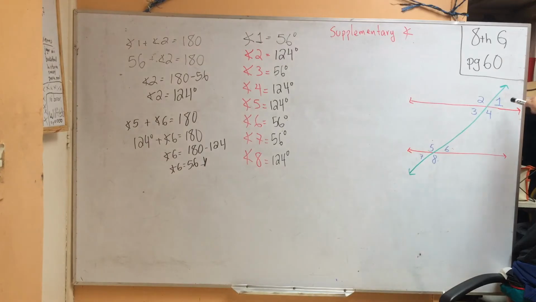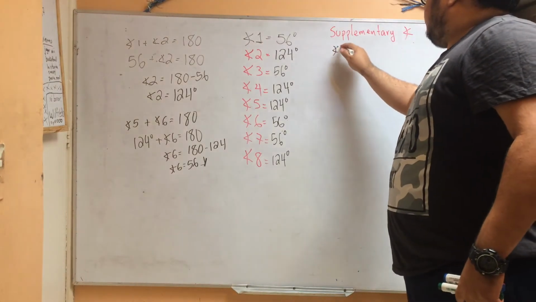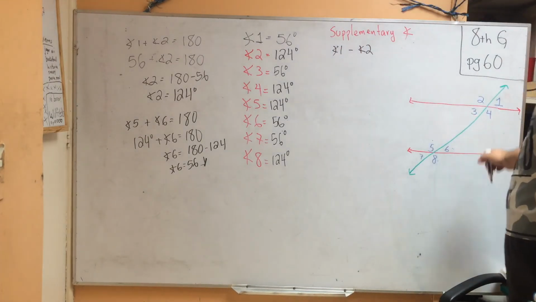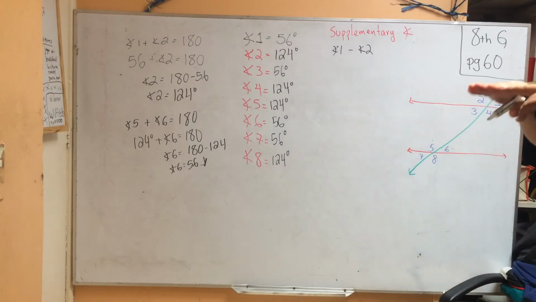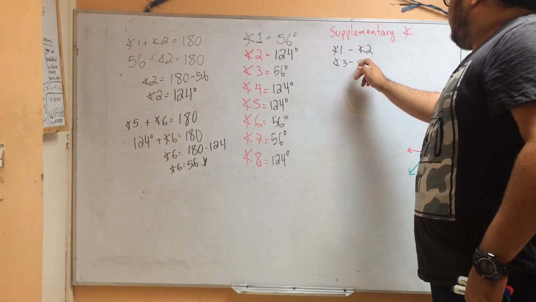So angle 1 and angle 2 are supplementary. Also, angle 3 and angle 4, because the measurement of both is going to give us 180 degrees.